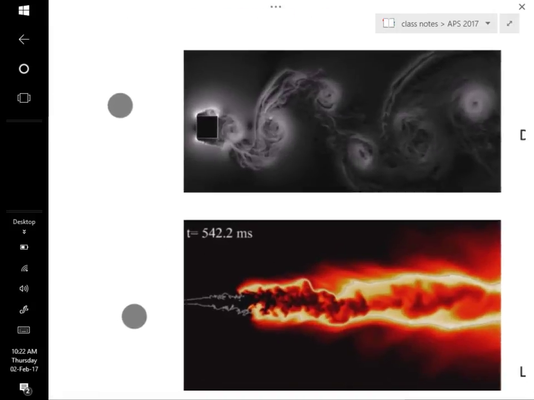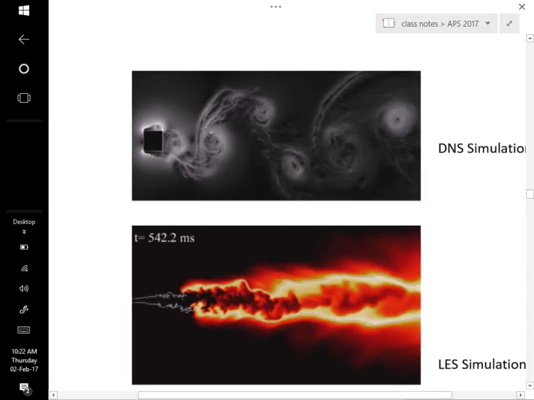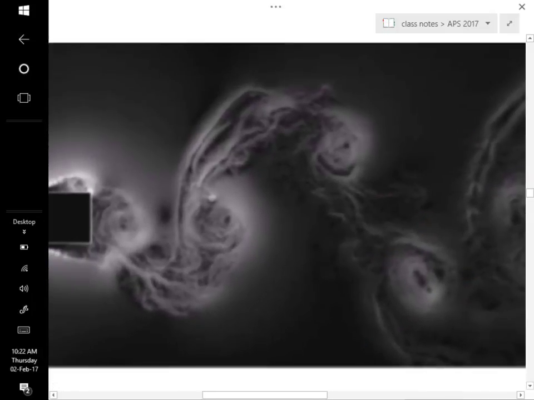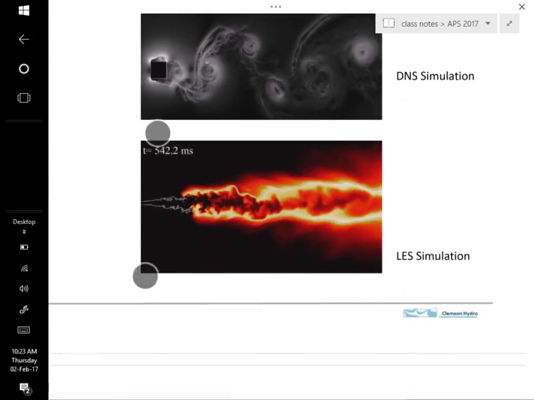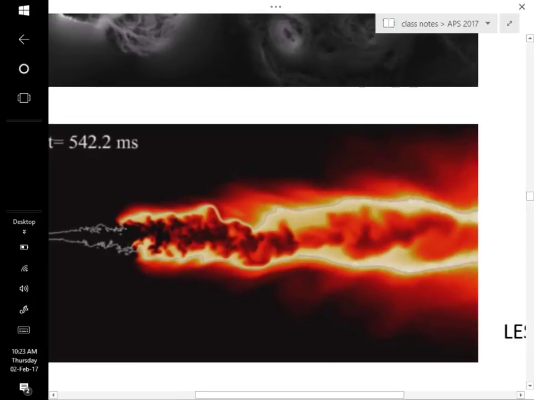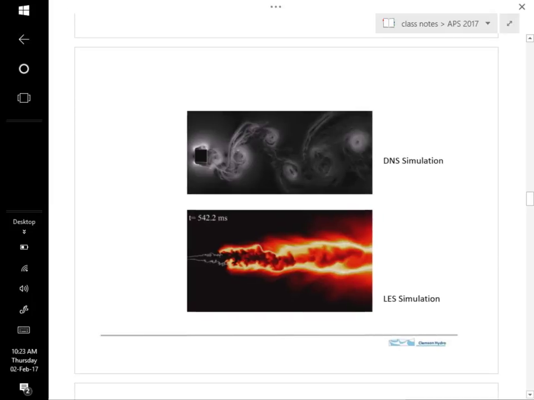Here's just a still picture of DNS where you've got this flow past a square object, and you can zoom in, and this DNS is really allowing you to simulate all of the gory little details. Large eddy simulation is shown here, and you can see some eddies, but the smaller ones are just kind of averaged out. And the RANS would be a lot smoother than these two.